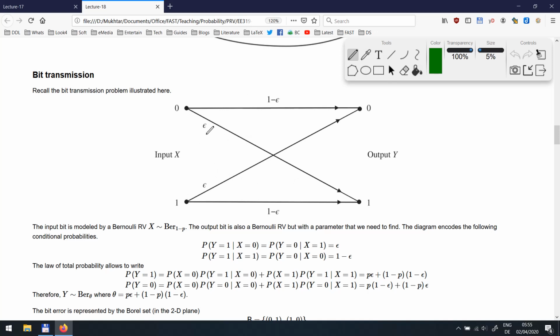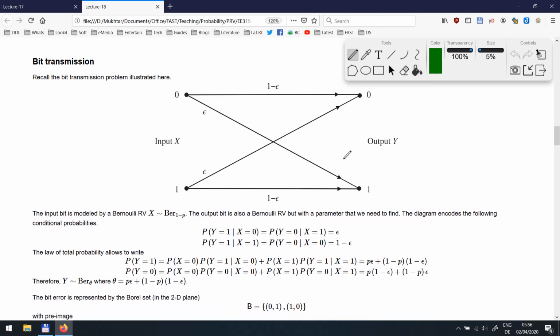So this epsilon and these 1 minus epsilon, these are the transition probabilities. If you send a 0 and it is received as a 1, the probability of that type of error is epsilon, and same for the other type. When you send a 1 and it is received as 0, and if it is received without any error, that is 1 minus epsilon, and so on.